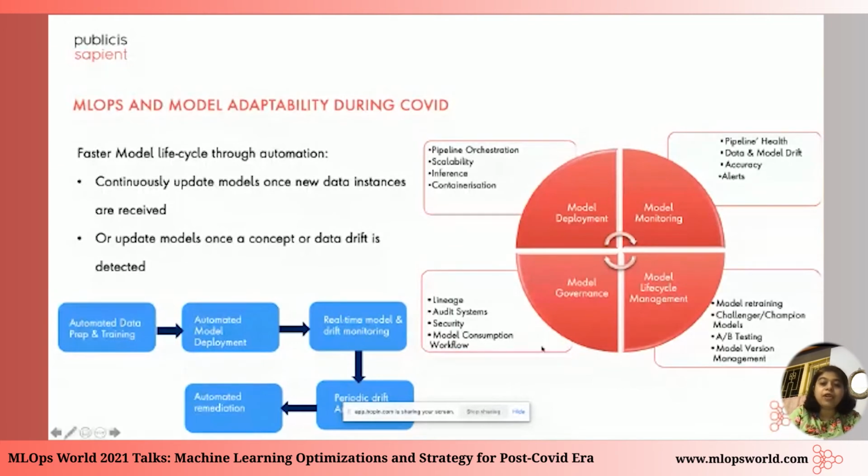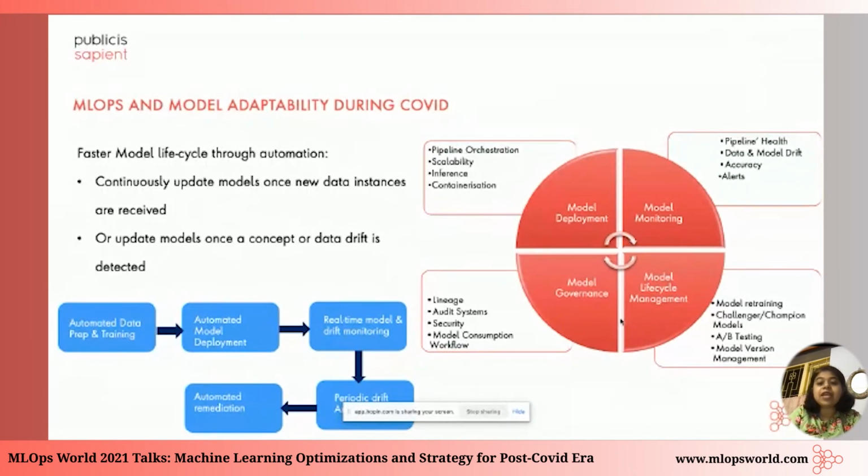In terms of model deployment, we have to be very vigilant about pipeline orchestration, scalability, and containerization. While in model monitoring, we have talked about monitoring the model's health and accuracy, as well as sending alerts on time. In lifecycle management, we have A/B testing, model version management, and how the metrics of the models are changing when we do the model retraining.